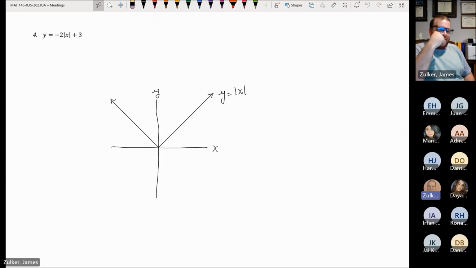Well, this negative here is going to reflect about the x-axis.